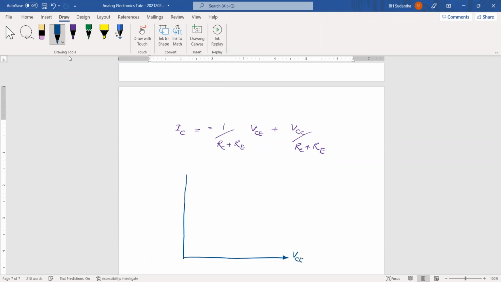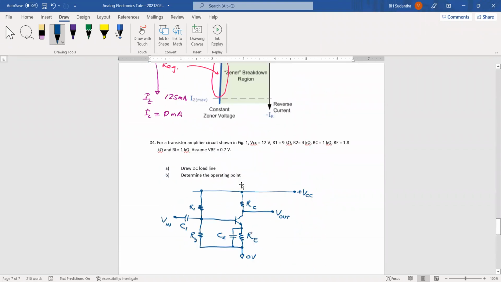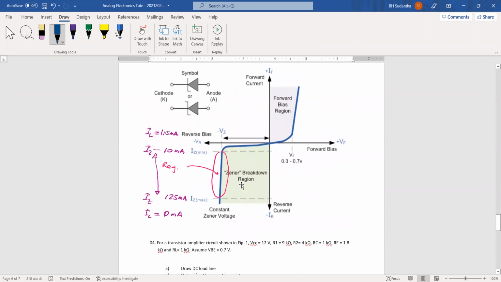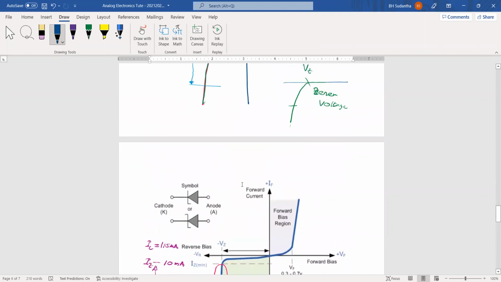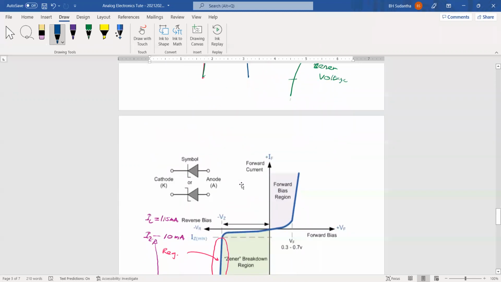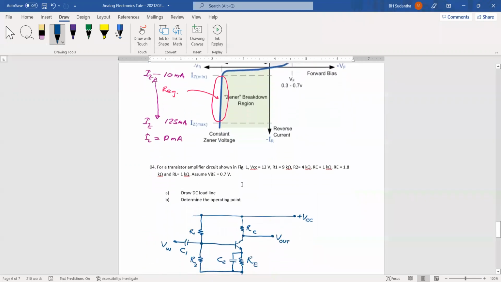This is VCE. This is IC. Can I show the diagram when done? Which diagram? This one? Which one are you referring to? The circuit, this one.